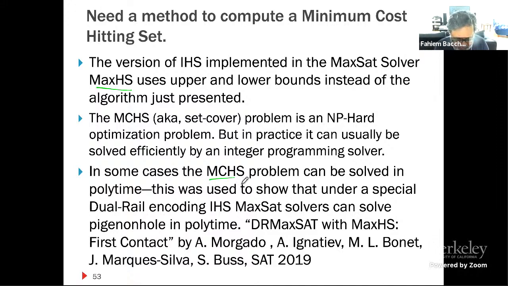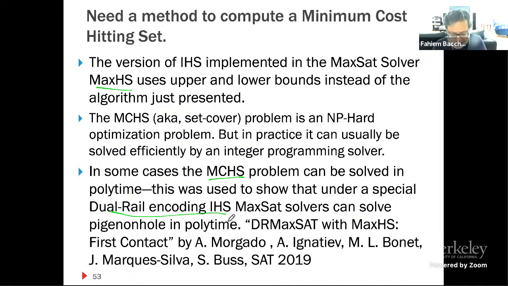Now, in some cases, it turns out that the hidden set problems that you produce can be shown to be solvable in polynomial time. And that was, for example, used in this nice paper to show that under a particular encoding, called the dual-rail encoding, this implicit hidden set approach can solve pigeonhole in polynomial time, because the hidden set problem that's generated can be solved in polynomial time.